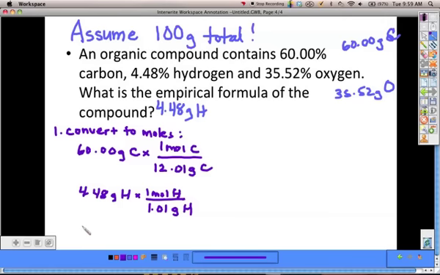And then finally, my oxygen, 35.52 grams of oxygen. I have 1 mole of oxygen for every 16.00 grams of oxygen. And now I can calculate them all out.